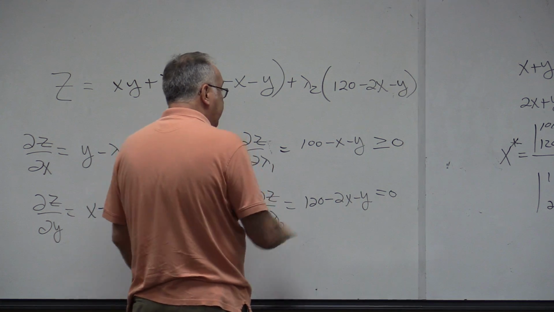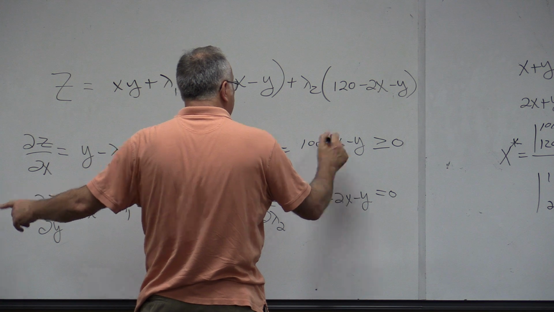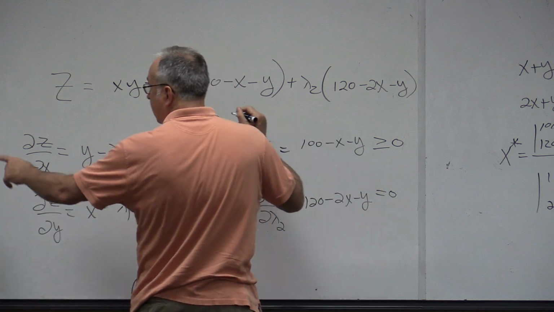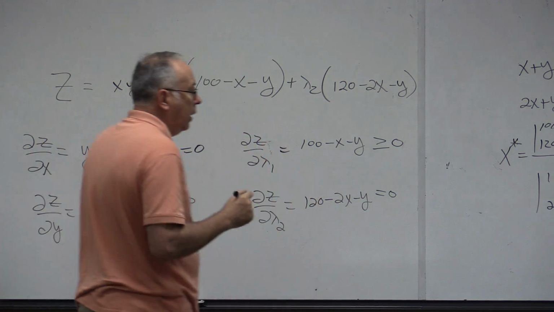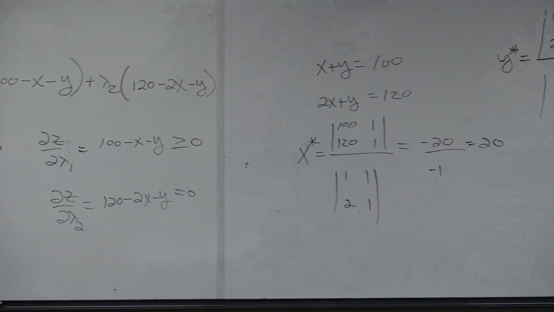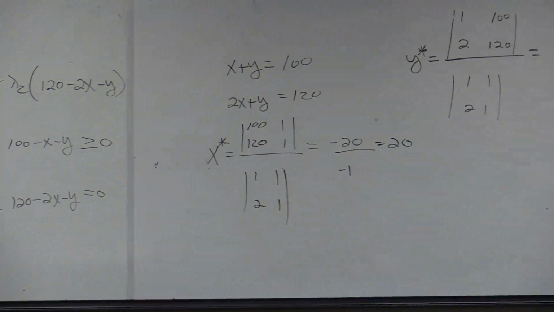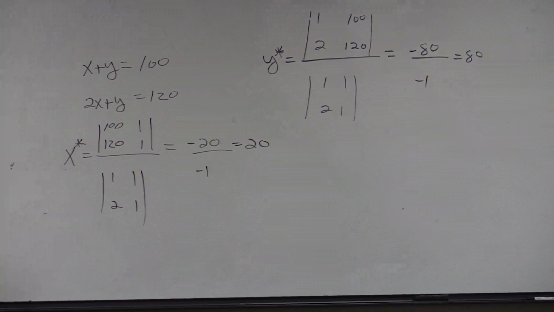Okay, let's make sure this holds. If we have, this is 100, x star was, what was x star? Oh, yeah, we got it, 20. Wait a second. Uh-oh. No, we made it, I'm sorry. That would be 0.